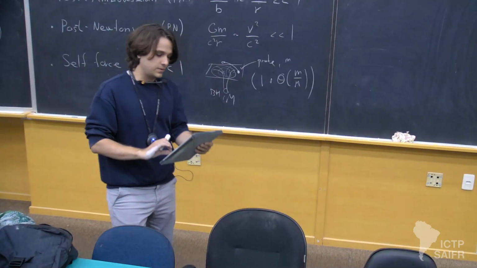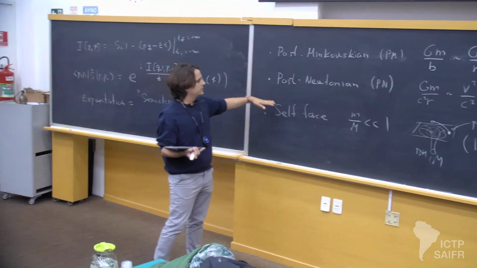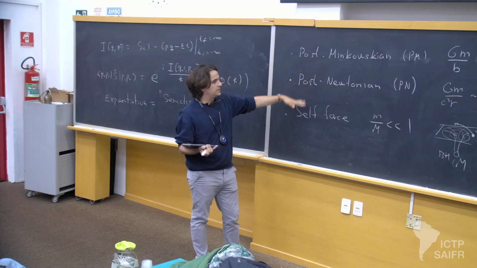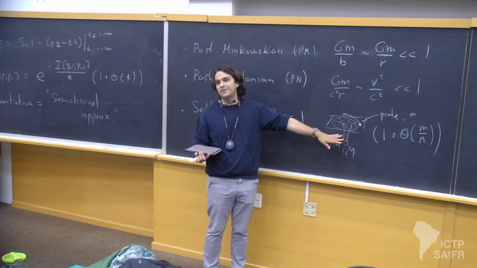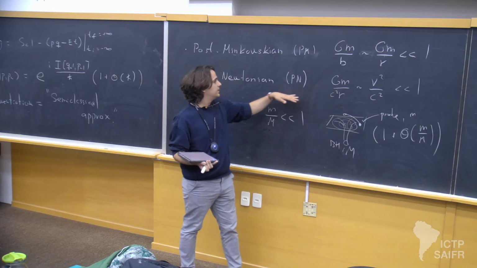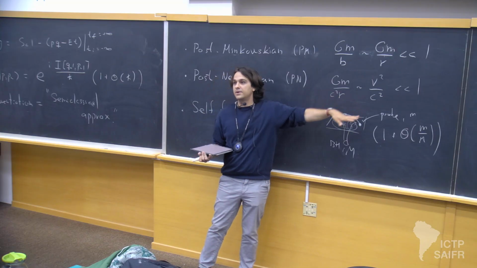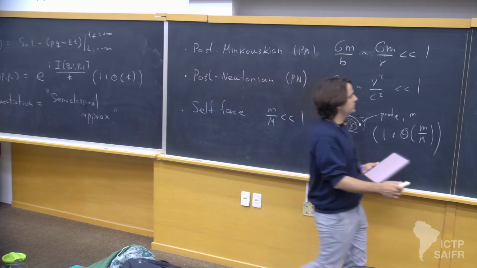Okay, so in the rest of my time, I want to quickly explain these two regimes. How do I identify, for instance, this probe limit inside of the amplitude and its corrections? And how do I identify various velocity corrections inside of the amplitude? So first I'm going to do the mass counting.